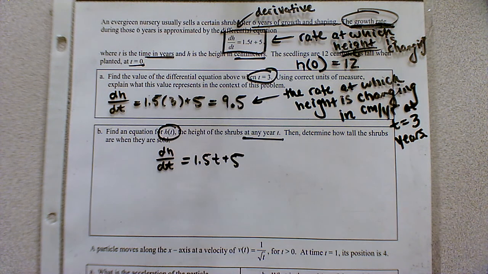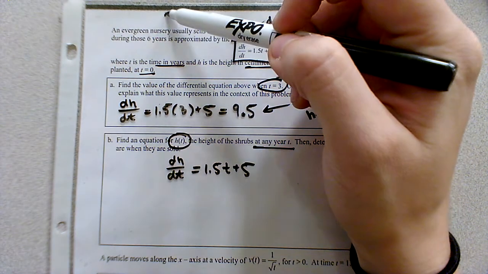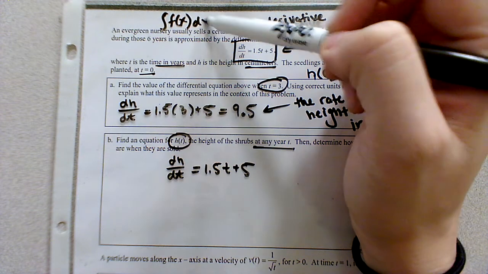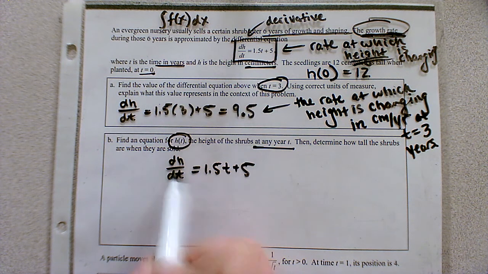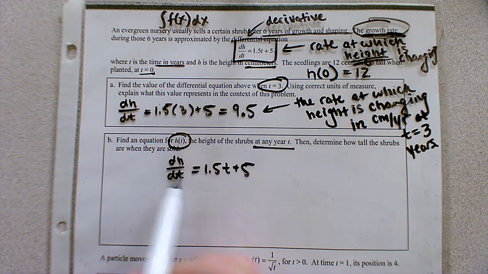Now, if we work backwards, in terms of an integral symbol, I'll write it up here, we normally have a function and then this dx or dt or d something at the end, which is just representing that variable of integration. And this derivative symbol actually has 2 of those pieces. Notice how we have a dh and we have a dt.